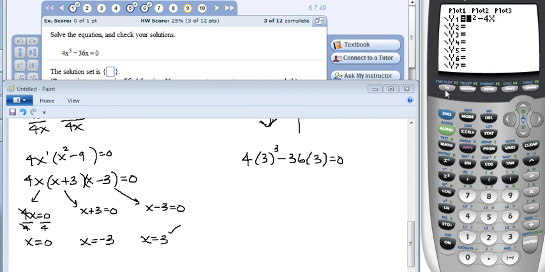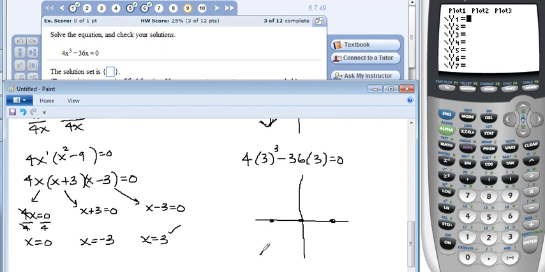Now, the other way that we can check it is to graph it. Let's use our graphing techniques that we know. We've got 0 here, 3 there, and negative 3 there.